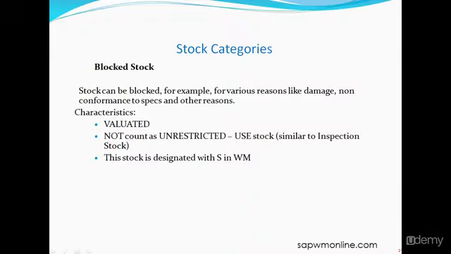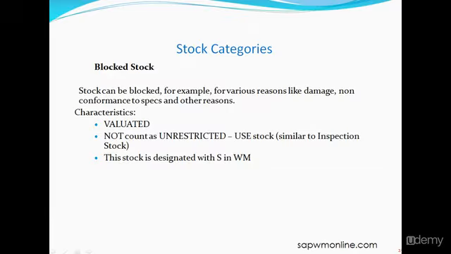Let us see what is the block stock. Stock could be blocked, for example, for various reasons like damage, non-conformance to specs and other reasons. You can block stock whenever it comes from a vendor and you are doing a goods receipt. If you find it doesn't conform to the specifications, you can also block stock when it is already received and it is not conforming to specifications, or for any other reason.